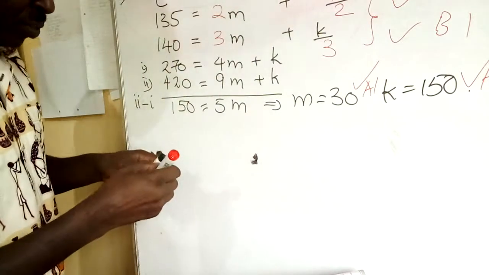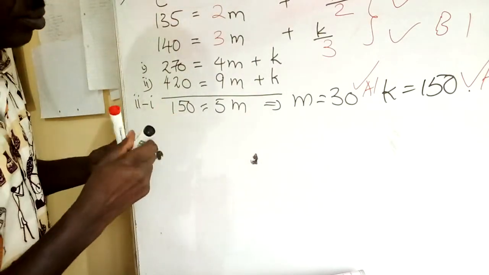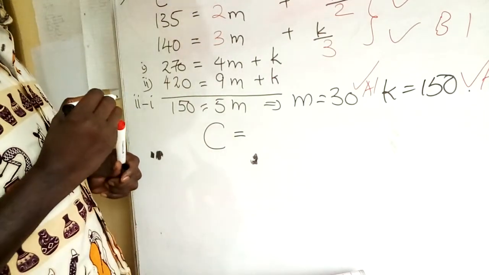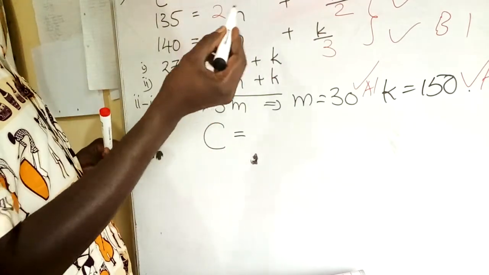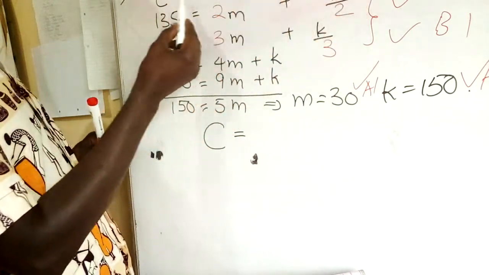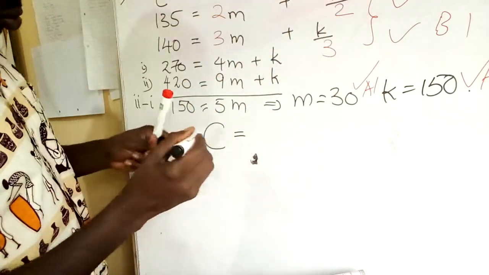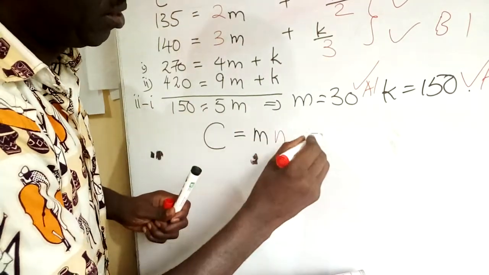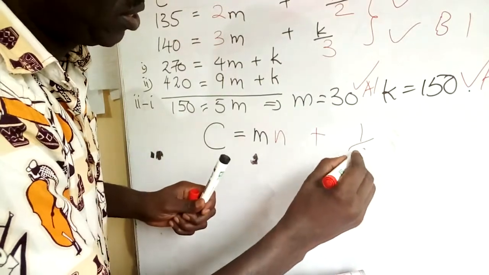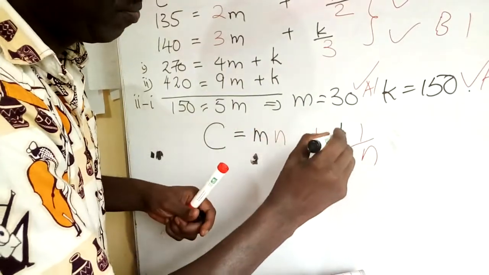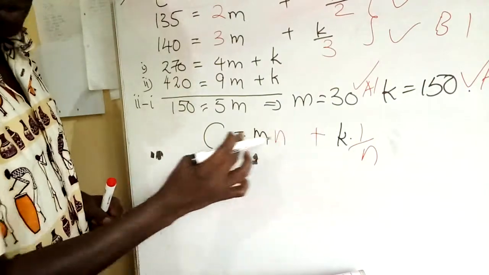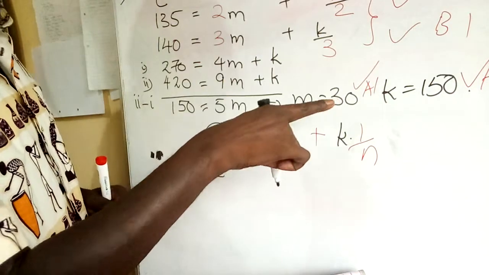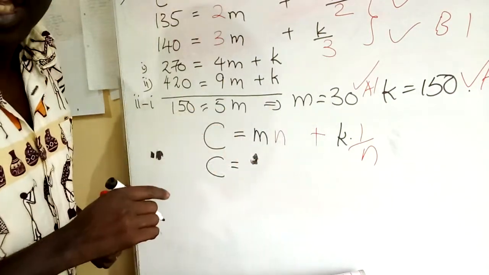So we write C is equal to, I'm writing the equation connecting C and n. Where I had those variables here, I just put them. C is equal to mn plus k. So using this, C is equal to, what did I get m to be? 30.